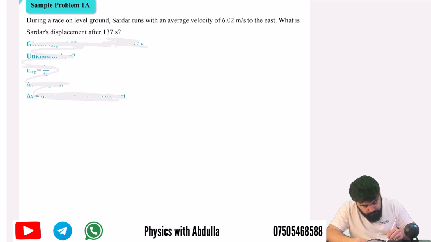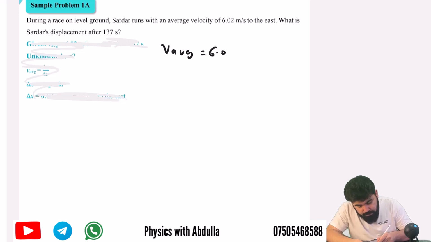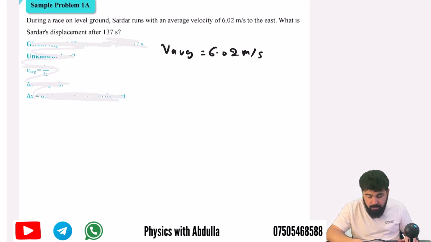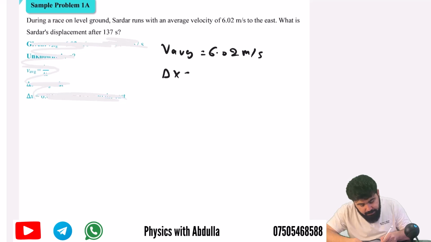Now, Serdar runs with an average velocity, so V average is equal to 6.02 meters per second. Okay, what is Serdar's displacement, delta x, after 137 seconds, if time is equal to 137 seconds, or delta t.